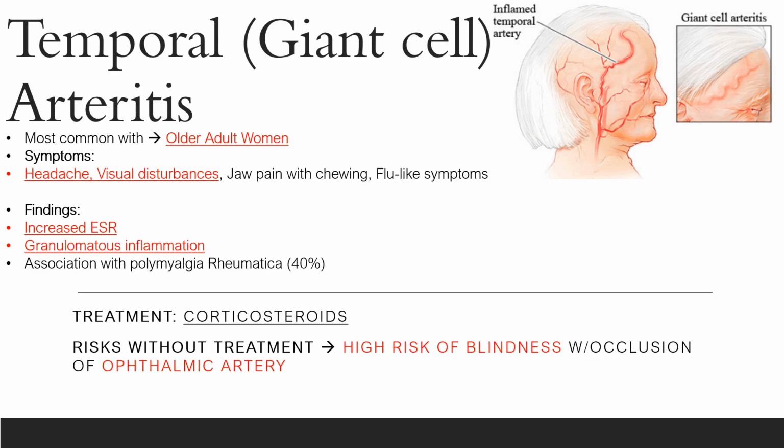Without treatment, you'll have a high risk of blindness because the arteries get occluded with the inflammation and the granulomas that are forming. This is the facial artery, but you'll have occlusion of the ophthalmic artery, and if you don't treat that, the patient will have blindness. That's also very important.